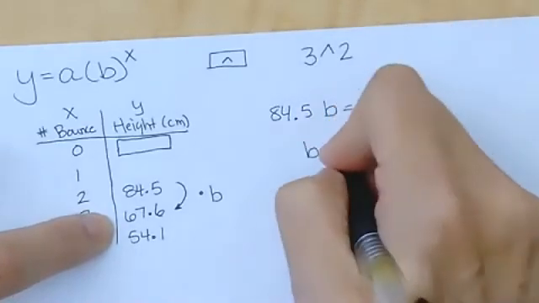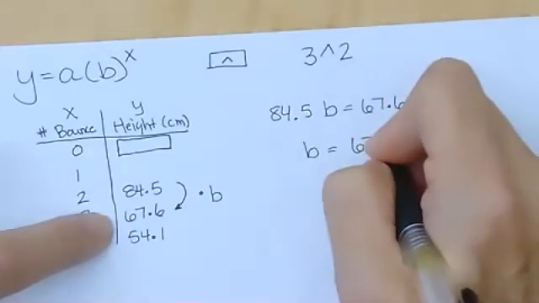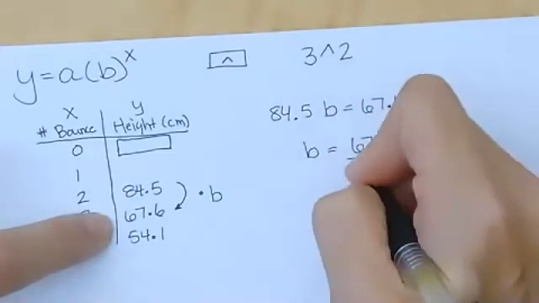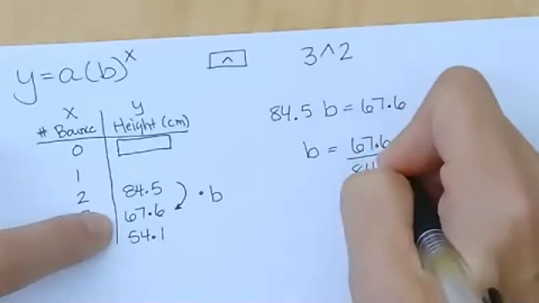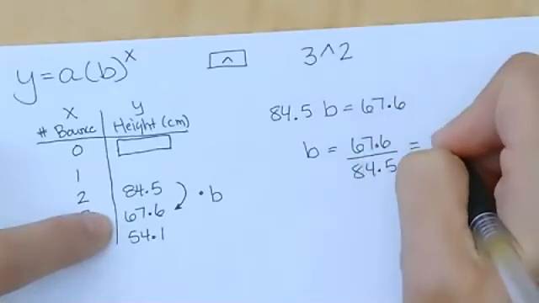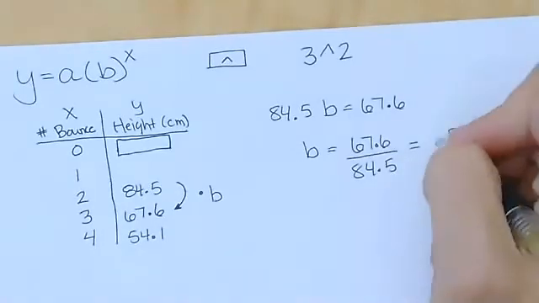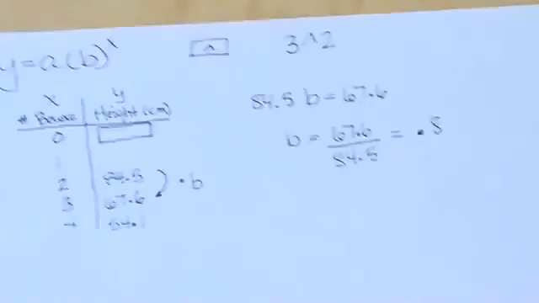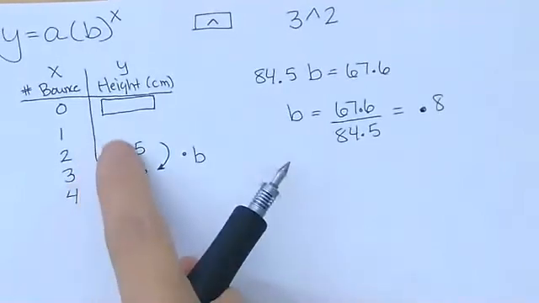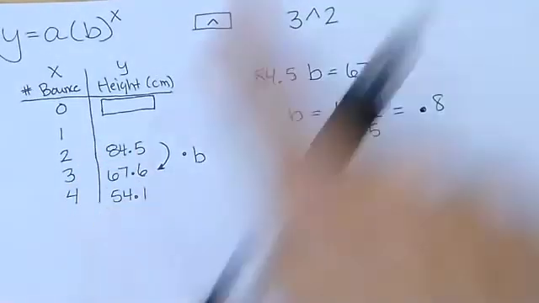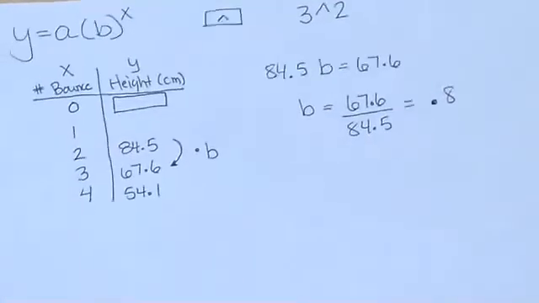So B is going to be 67.6 divided by 84.5, which is 0.8. That is B. Okay, B has to be less than 1. Otherwise, you would see increasing numbers here. So my B is 0.8.